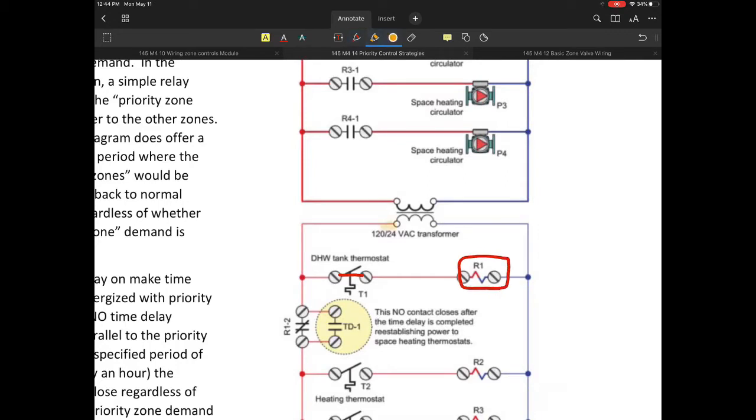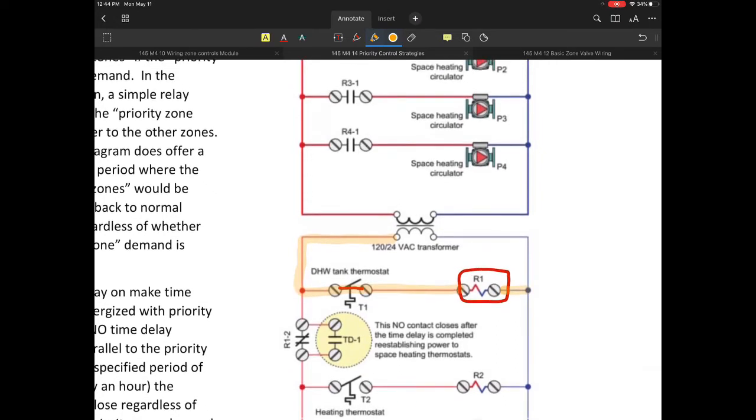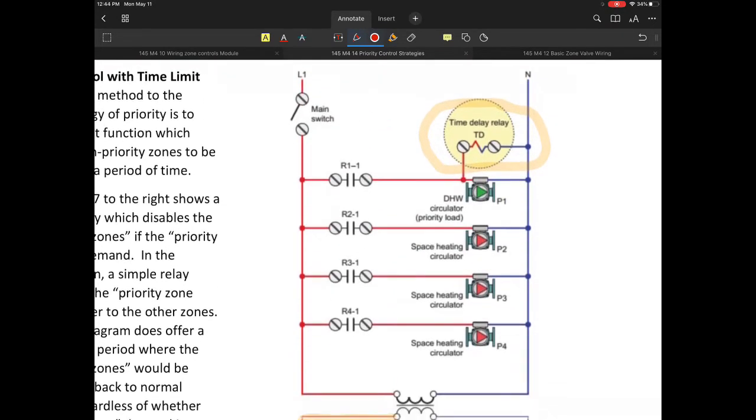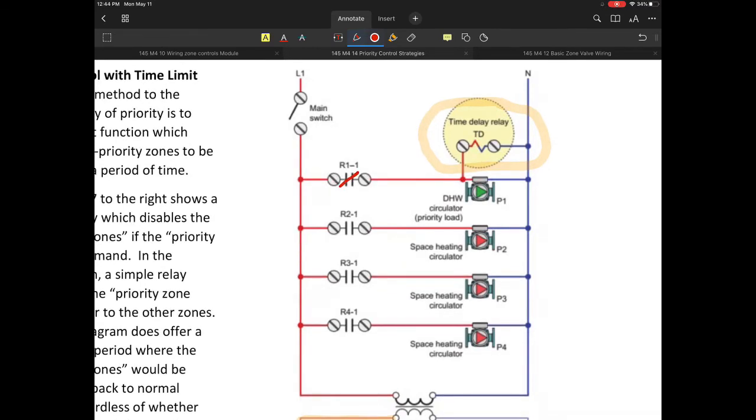So you'll notice that once this system has a demand, I'm going to go back down in here. Let's say that this is closed. This is now going to be energized at 24 volts. We take the 24, send it through the thermostat, and energize the relay.